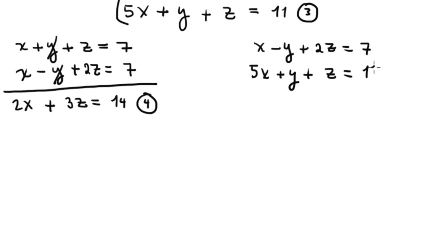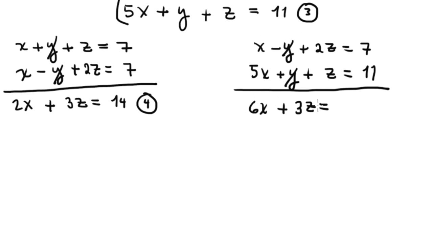When you pair the second, you must eliminate the same variable. You eliminated y in the first pair, you must eliminate y in the second pair. If you eliminate another variable, this is wrong. So you combine, here is 6x, cancel out this and this. This is 3z equal 18. And this is equation 5.